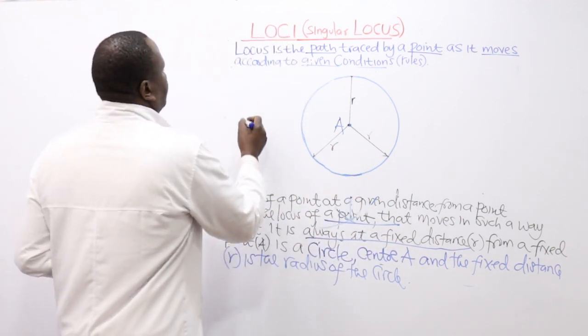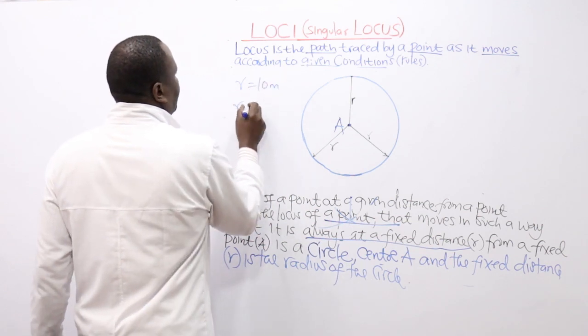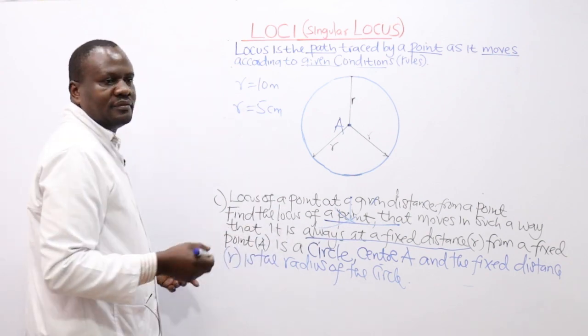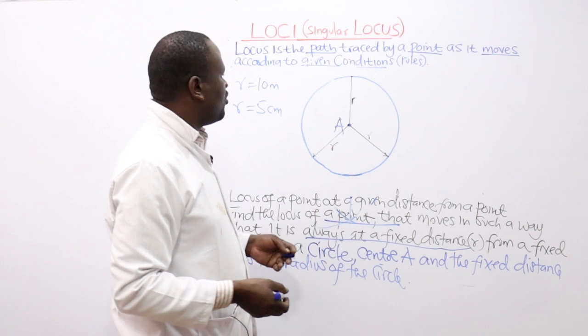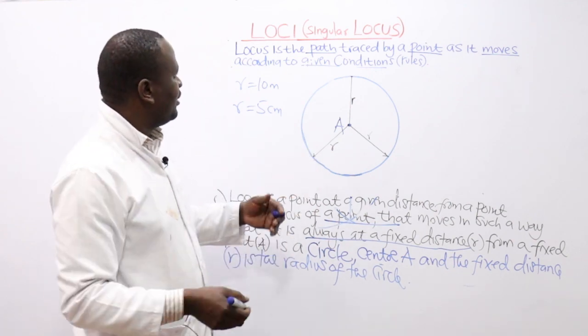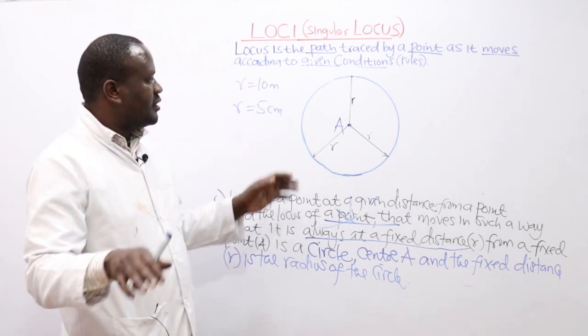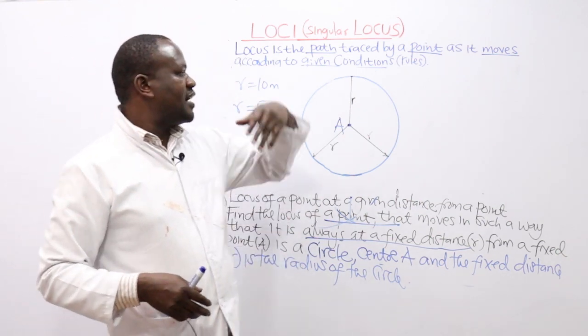It could be 10 meters, 5 centimeters, or 10 kilometers. So you move such that you're always 10 kilometers away. Within a certain radius, you should operate in a radius of this and that. It means you should not go further than that.